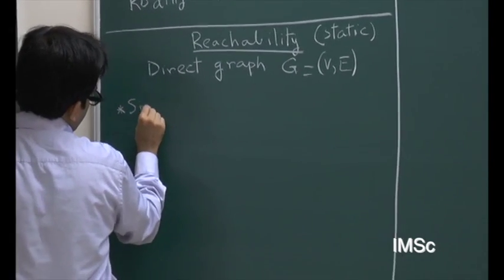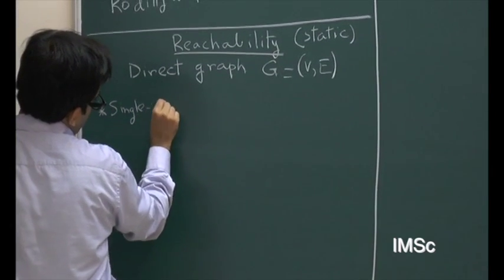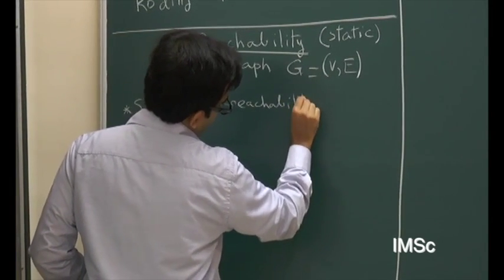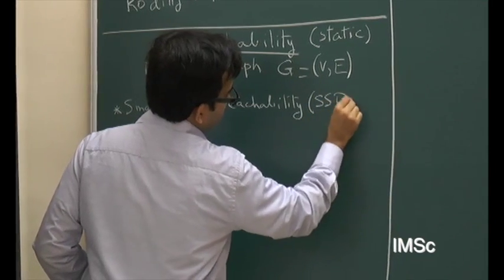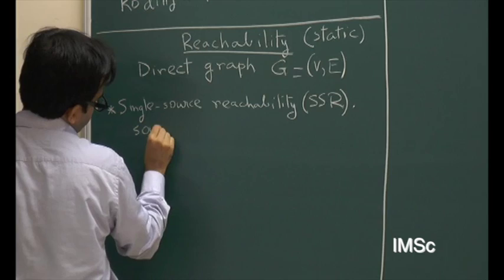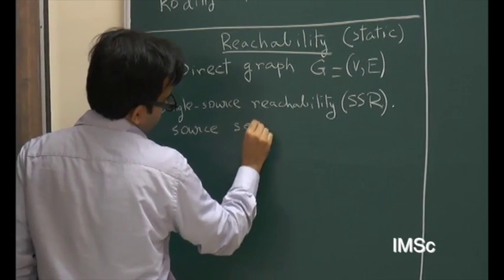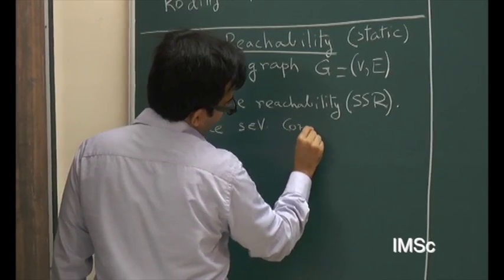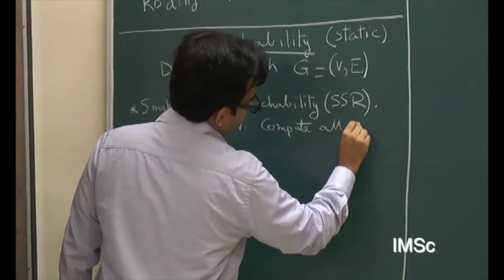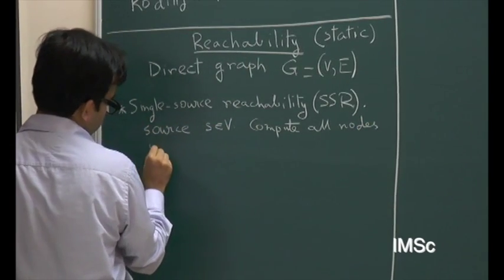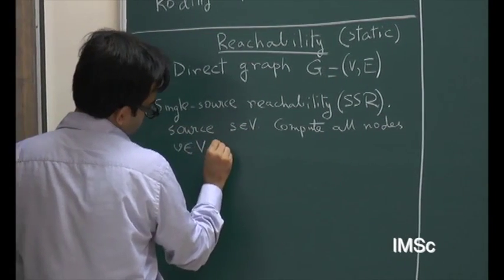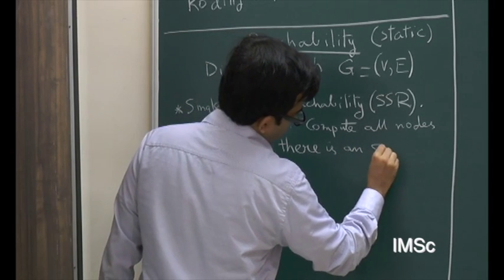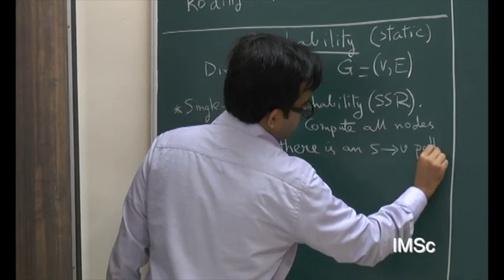One is single source reachability, call this SSR, where you are given a source node S and you want to compute all the nodes that are reachable from S. S to V path. This is single source reachability.